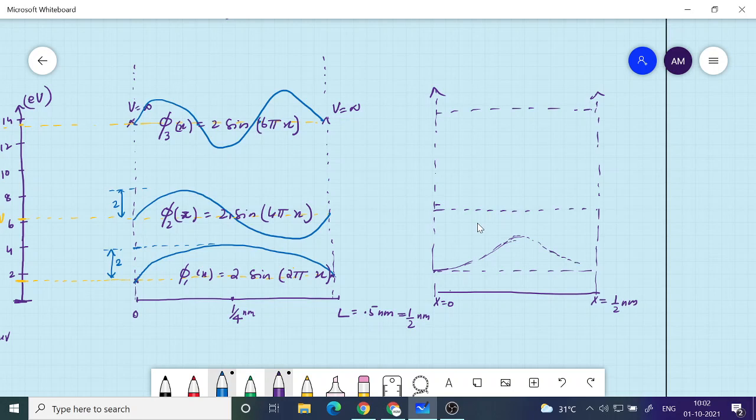It will be something like this. And same thing I can do with the second. So what is this? This is basically a plot of phi 1 of x modulus square. Here it is a real quantity, so even if you just square it, that is enough.